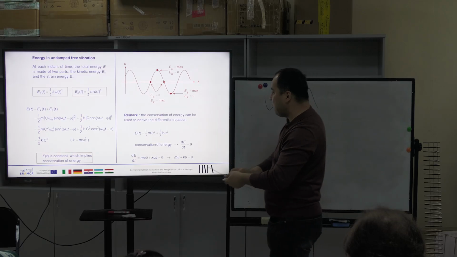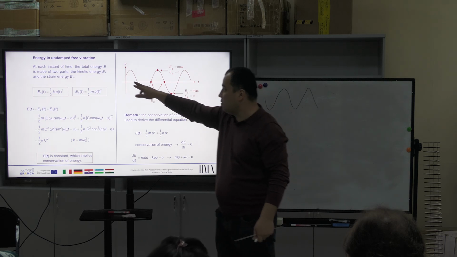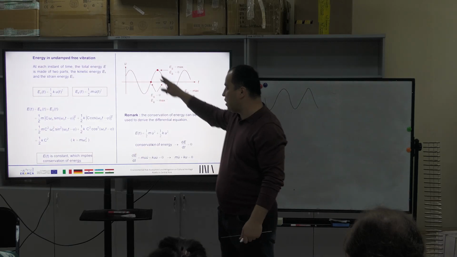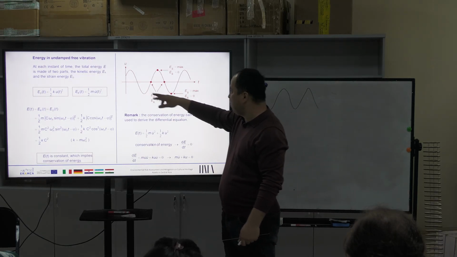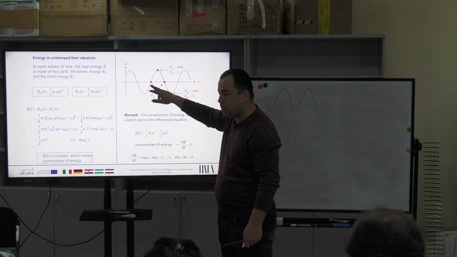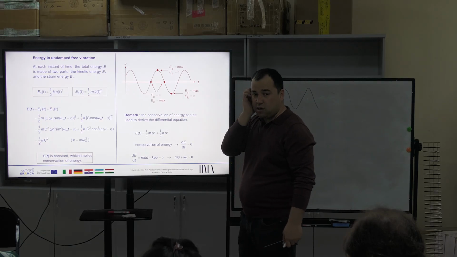It has maximum velocity at this point. Initially, maybe there is 0 velocity. I am discussing these cases after starting the process. So here is the maximum velocity, and that's why kinetic energy reaches its maximum.